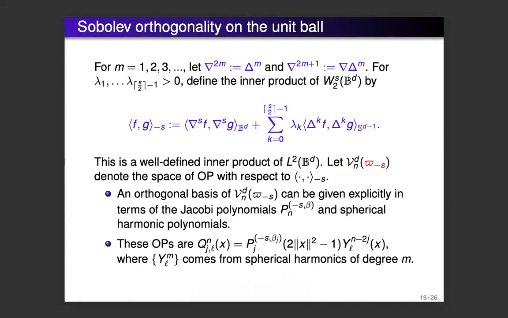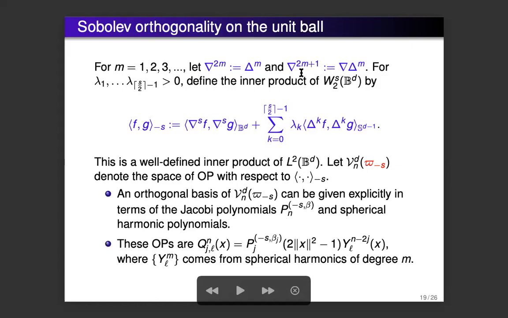So think about the Sobolev alternatives. I'm going to use the gradient. I'm going to simply define: the Laplace to the m power is simply nabla to the 2m. But if it's 2m plus 1, then it would be nabla applied to the Laplacian to the m-th power.